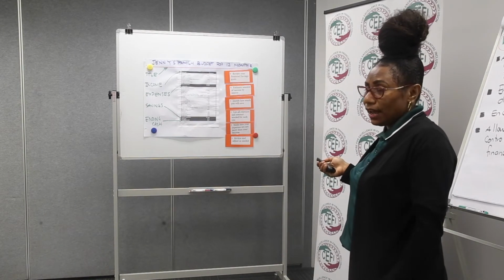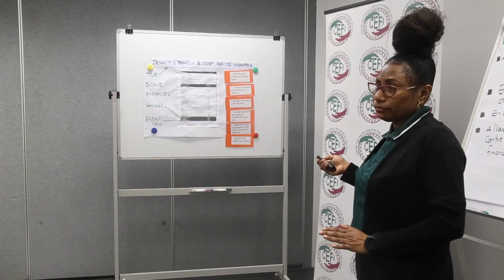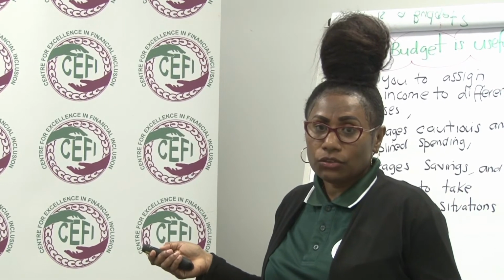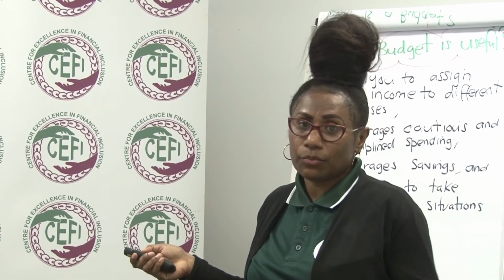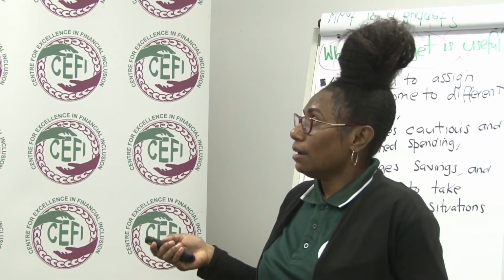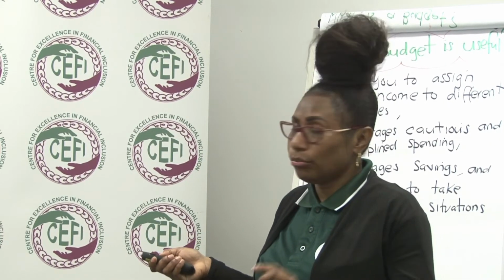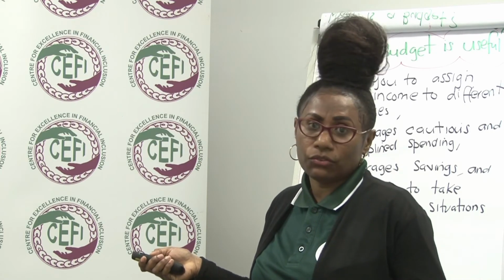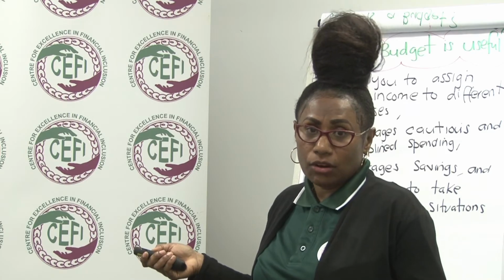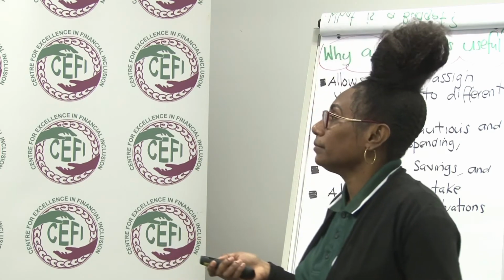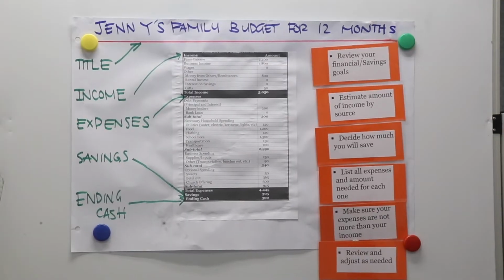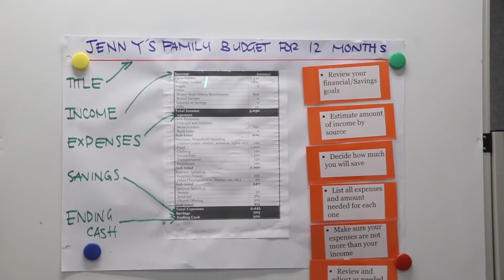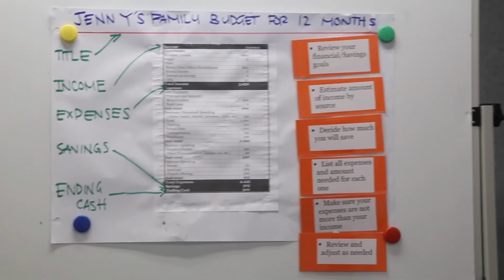On the whiteboard, I'm just going in brief, but I'm pretty sure that you have read through the notes and you would understand in detail the examples stated in the resource book. Out here, I'm just here to pinpoint the key steps that you need to know, as well as the different categories that comprise a personal household budget. As stated earlier on, your budget should have title, income, expense, savings, and ending cash.